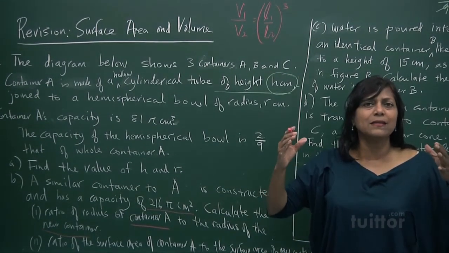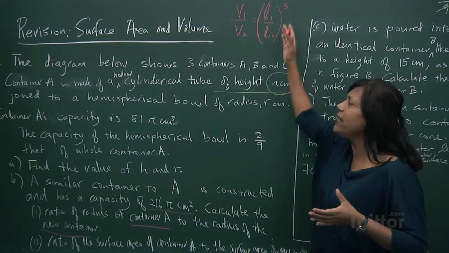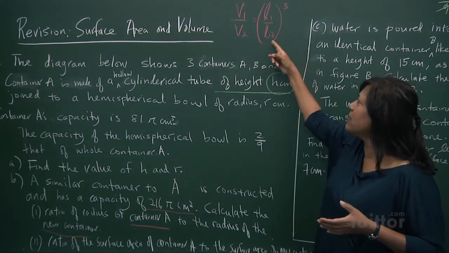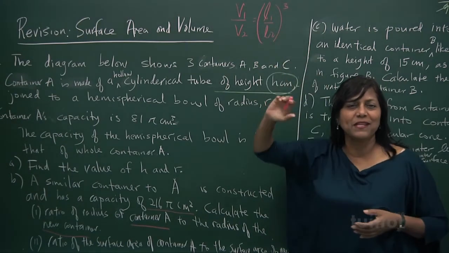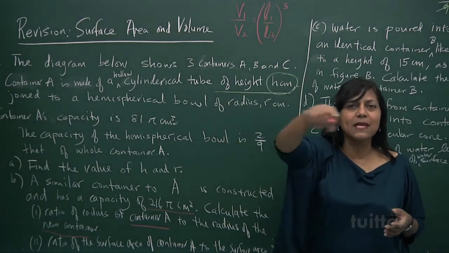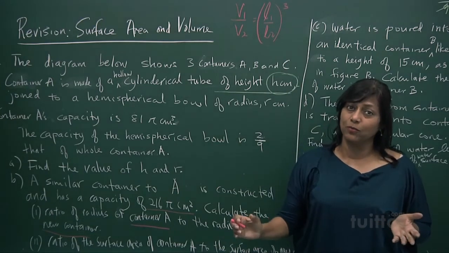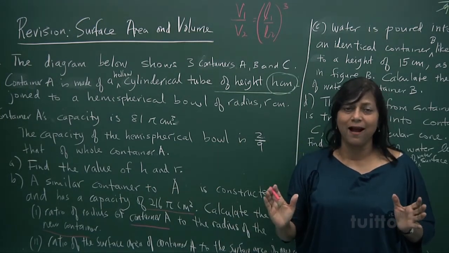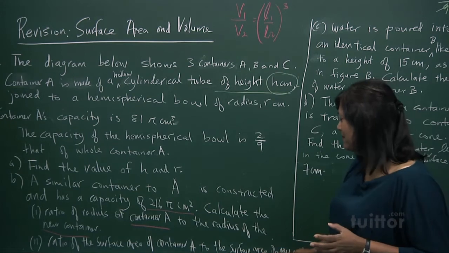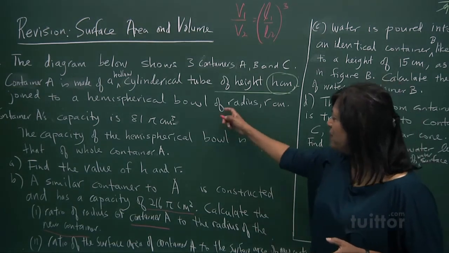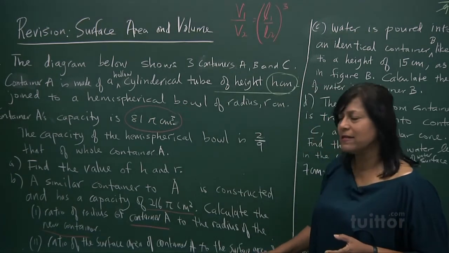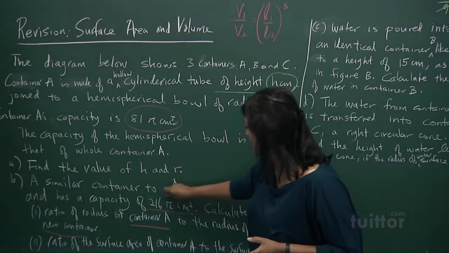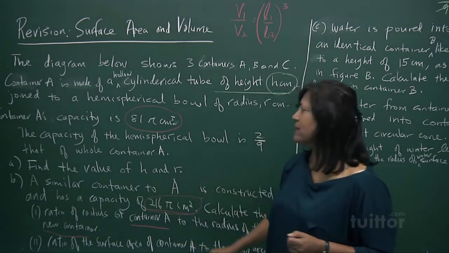Where L is the radius, it can be a ratio of radius, R1 over R2 cubed, H1 over H2 cubed, and what's the other one? Circumference, C1 over C2 cubed. As long as they are similar. Now A has got 81 pi cm cube, whereas this new container is 216 pi.